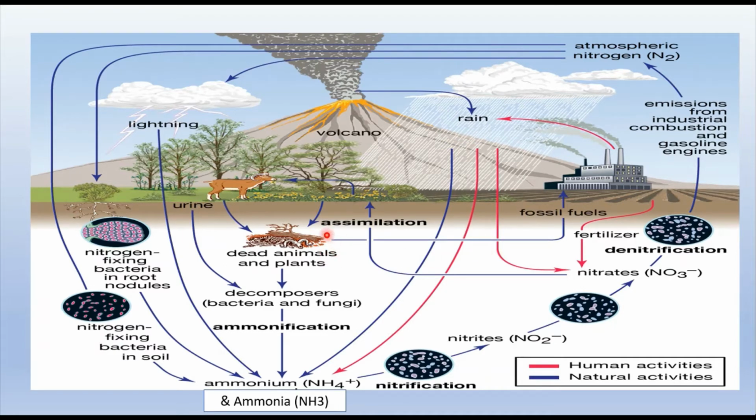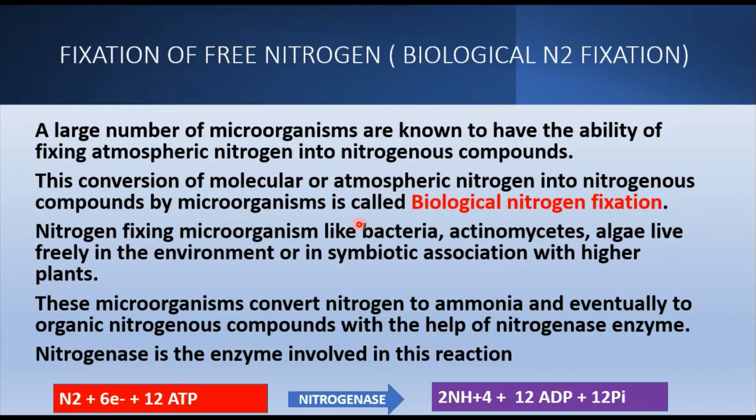The first one is the biological fixation, or fixation of nitrogen, where we are mainly concerned with biological nitrogen fixation. Then the second one is assimilation. Then third one ammonification. Fourth one nitrification, and fifth one is denitrification. So moving to the first step of the nitrogen cycle, that is fixation of free nitrogen, or biological nitrogen fixation.